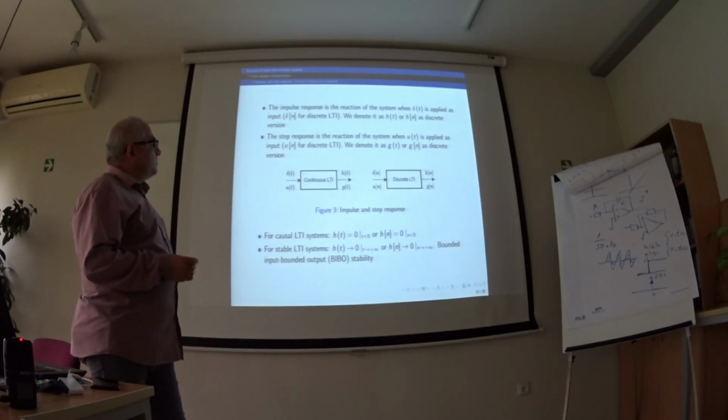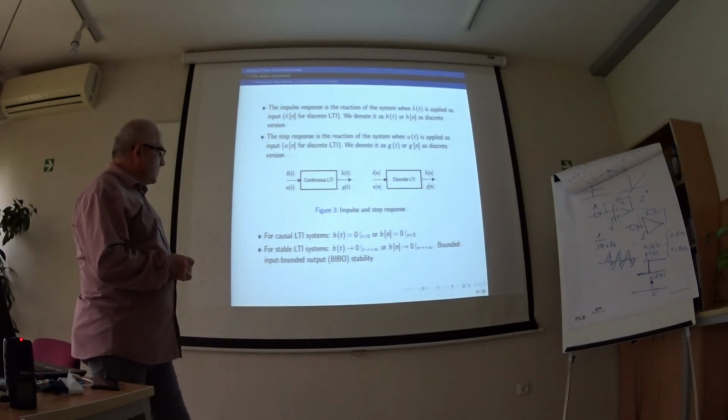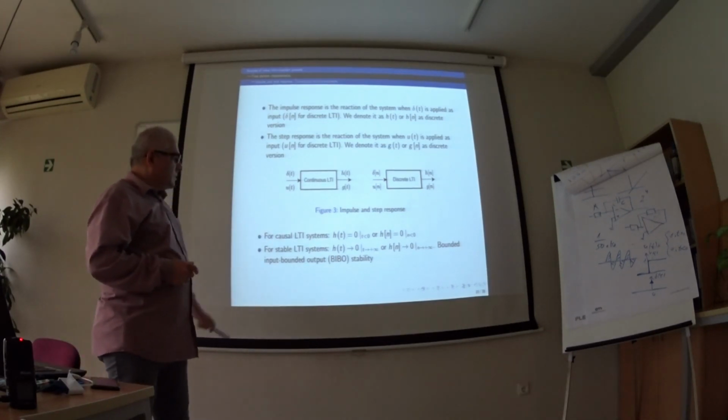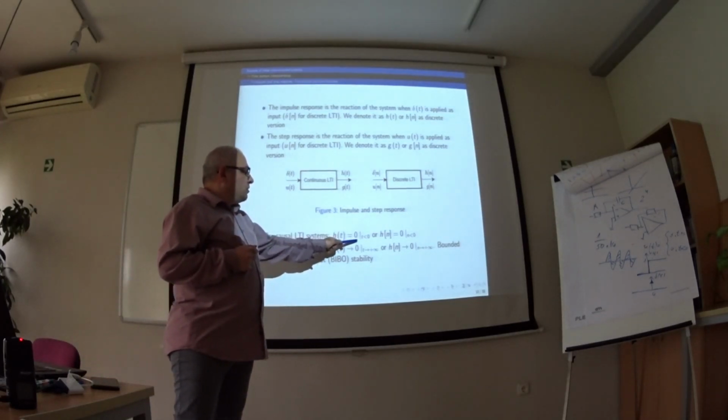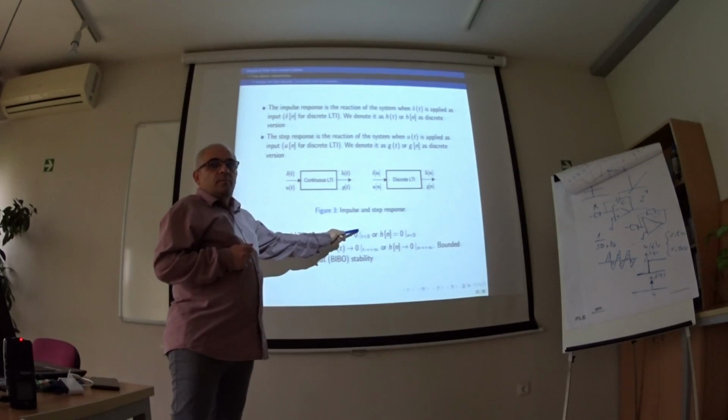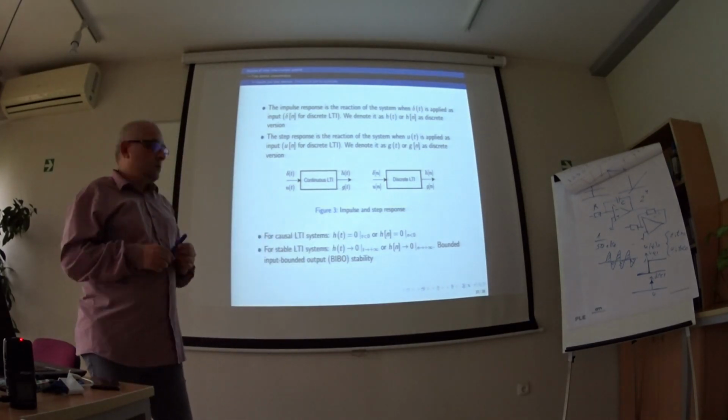For a discrete system, we also have impulse and step response, but in sampled version. For causal systems, our impulse response should be non-zero only for positive t values.